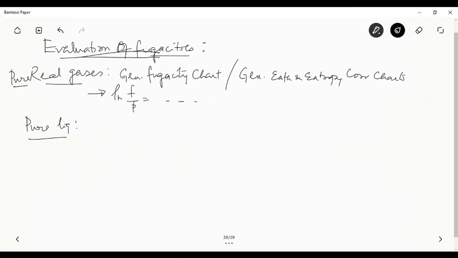So what is observed is that most liquid solutions and solid solutions.